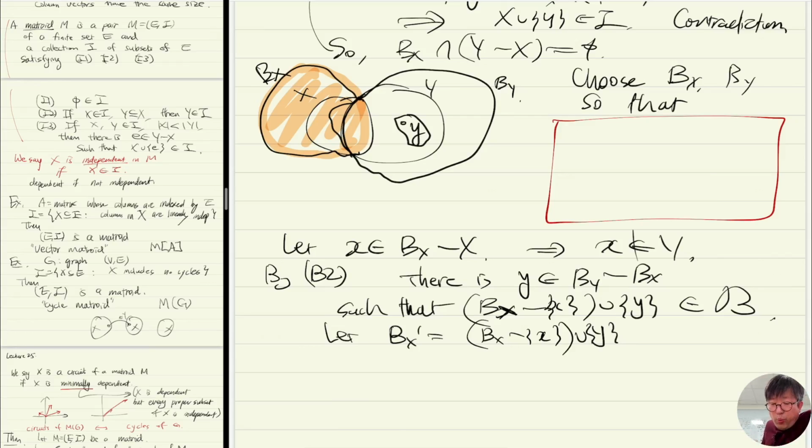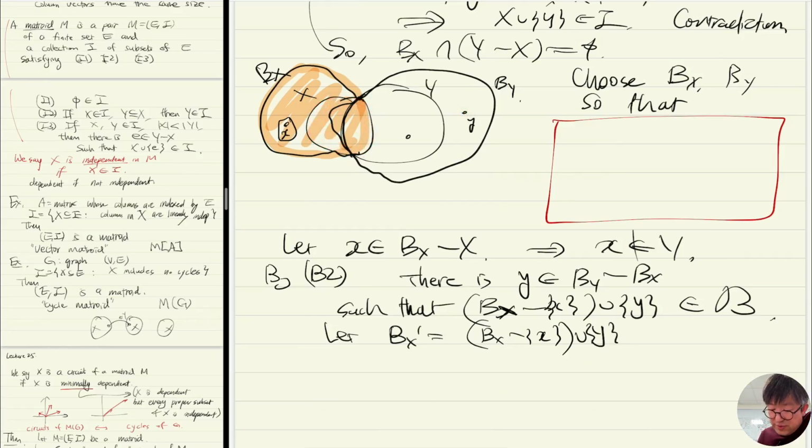Now, it would be nice if small y is in this place, right? If small y is here, then we win because bx minus x, so x is here. So even if I delete x, I still contain all the elements of x. If this is y, then this plus that is a subset of base, so therefore we win. So this plus that is independent. But the problematic case is when this is y, right? So this shows that there's a base containing this and that.